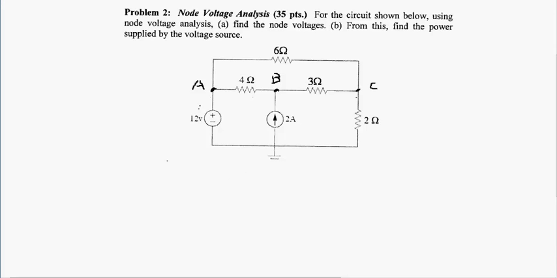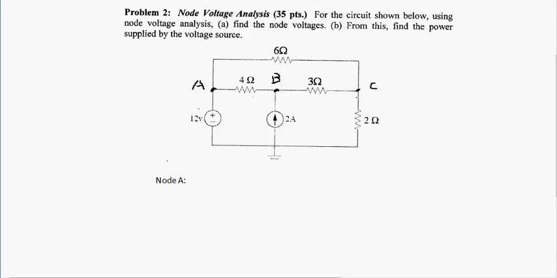Now we'll find the voltages at each node. At node A, we see that node A has a 12 volt rise.